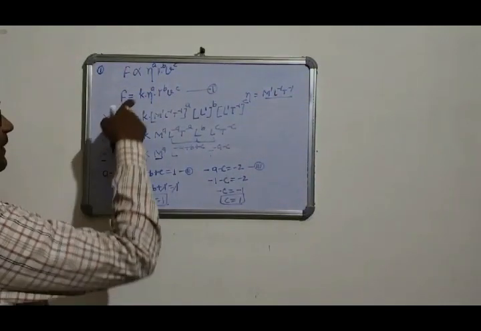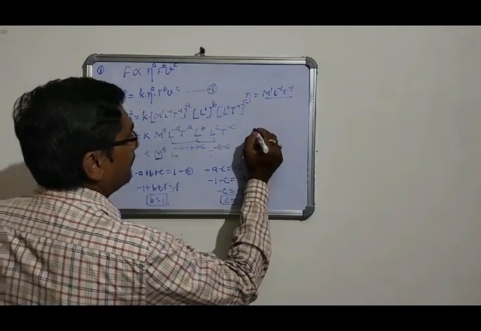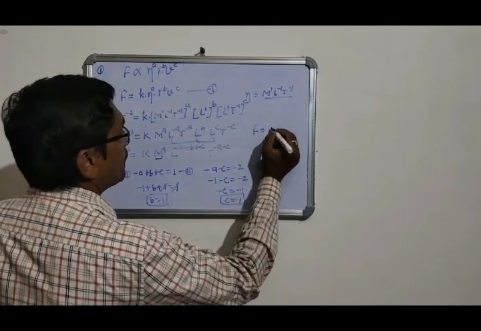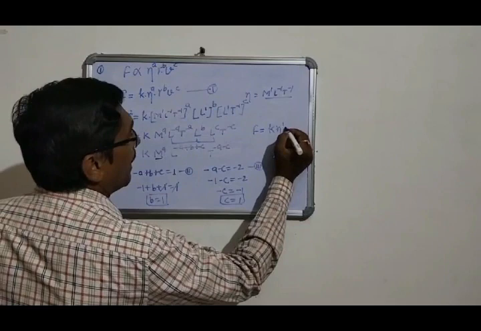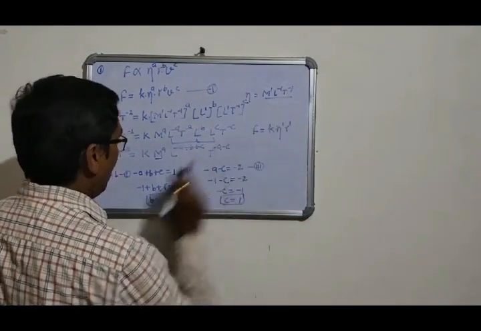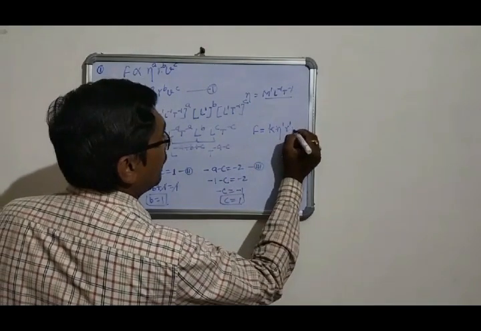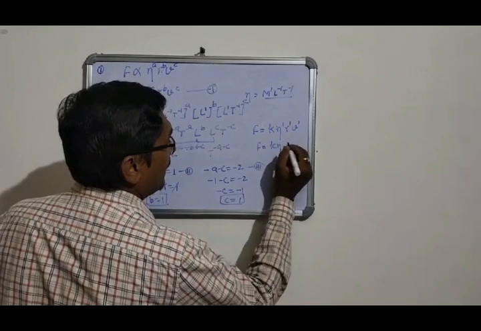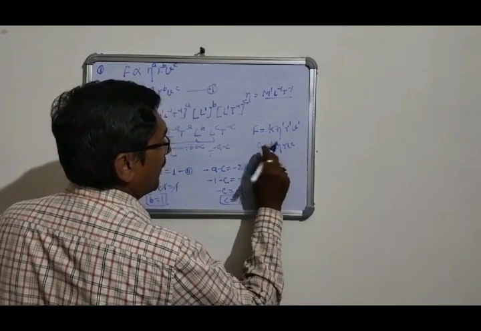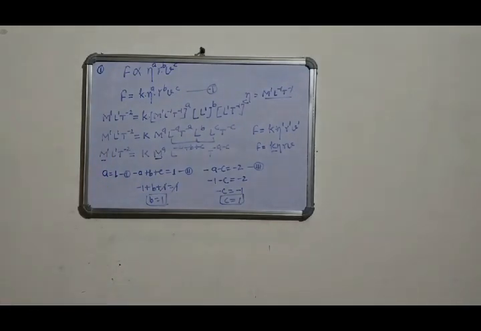Now putting the values of a, b, c in this equation, we get F equals K eta R V. The value of K is a numerical constant.